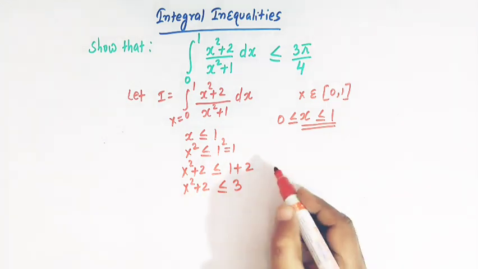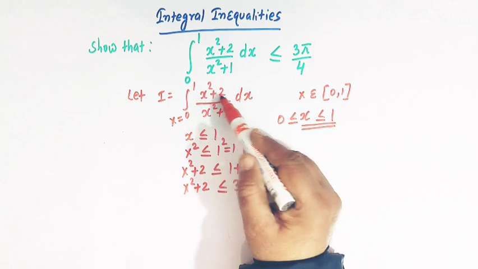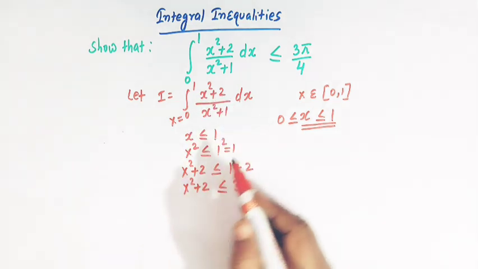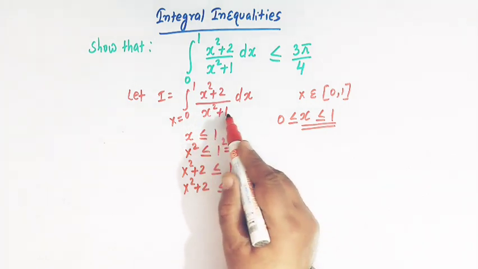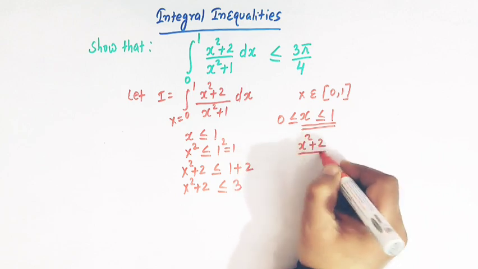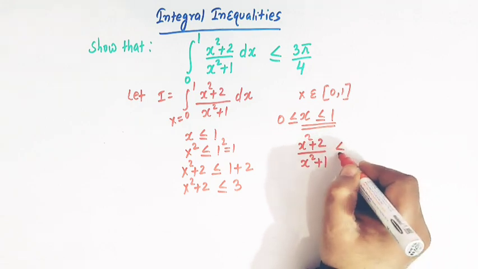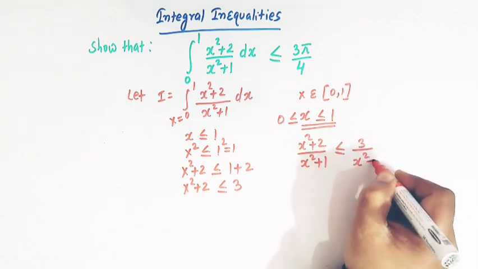Now we have x square plus 1 in the denominator, so we divide both sides by x square plus 1. We get (x square plus 2) divided by (x square plus 1) less than or equal to 3 over (x square plus 1).